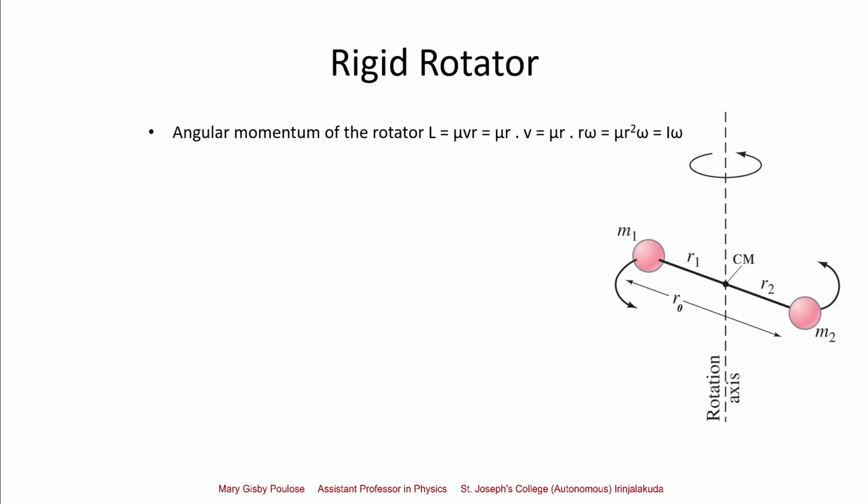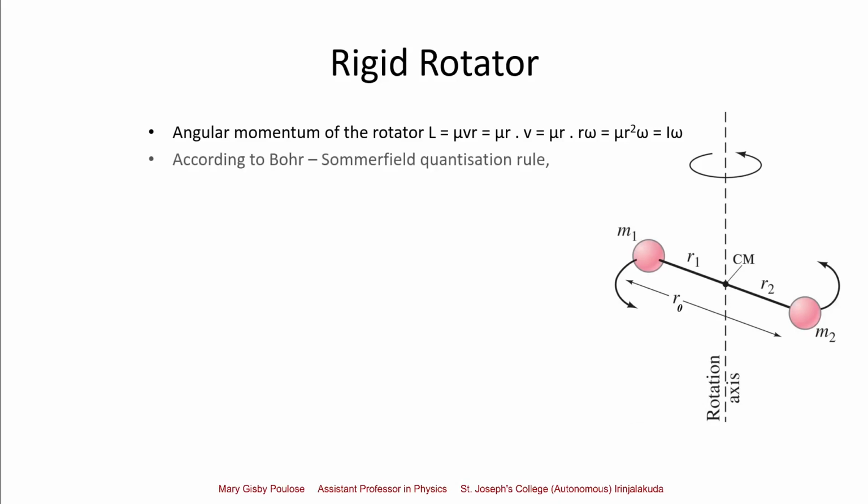We write L equal to mu v r. Substituting for velocity in terms of r omega, we get mu r into r omega, that is mu r square omega.